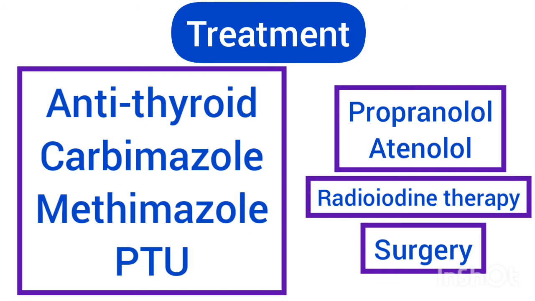The use of PTU is restricted to first trimester pregnancy, thyroid storm, or in case of adverse reaction to methimazole. Propranolol or atenolol are used to correct the cardiovascular problems associated with hyperthyroidism.